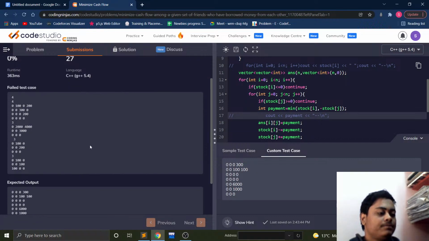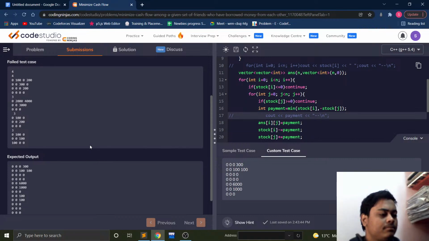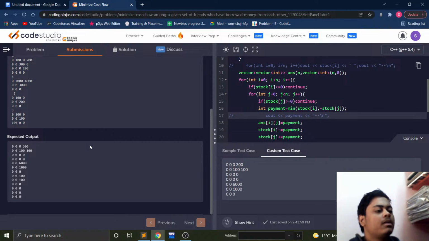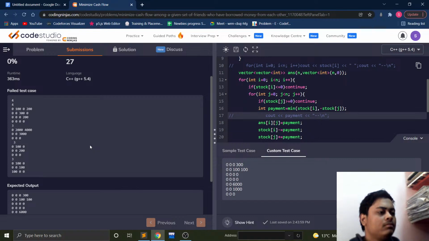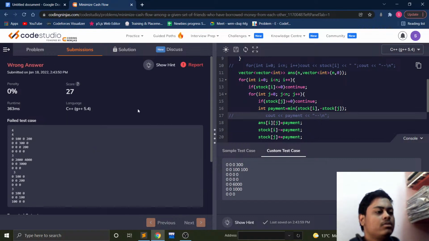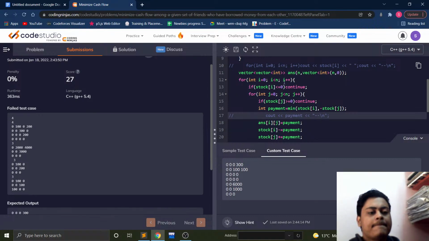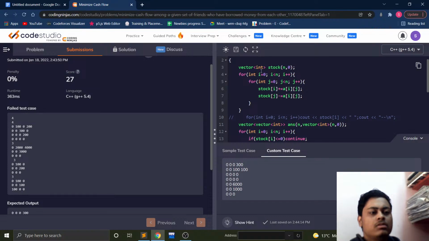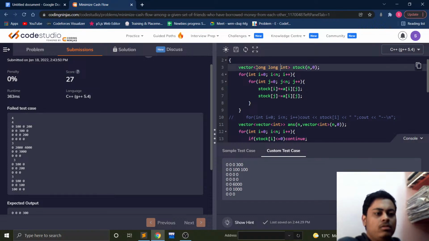Wrong answer. Expected output. Also for large values, 10 power 9. Why not make stocks long?